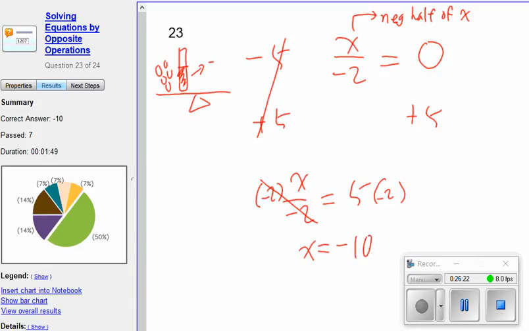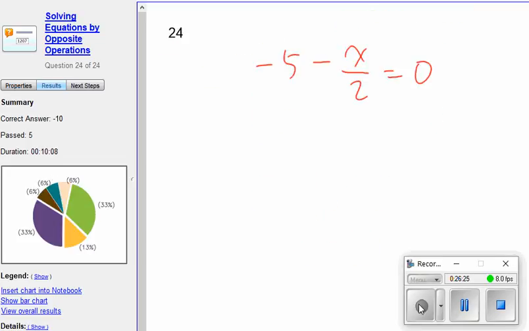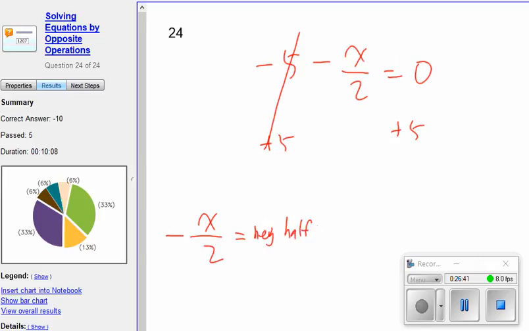And finally, your last question is this. Just like the last question, I'm going to add 5 to both sides to get rid of the constant of negative 5. Now here's where it gets reasonably tricky. You have to know, just like in the true-false, that a negative half of x is written as a negative half of x, which is the same thing as this and this.